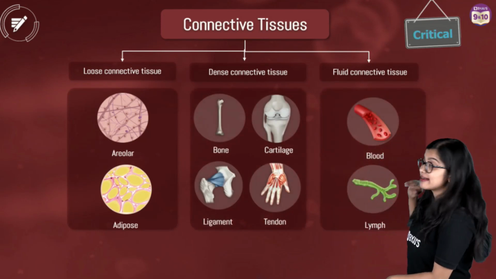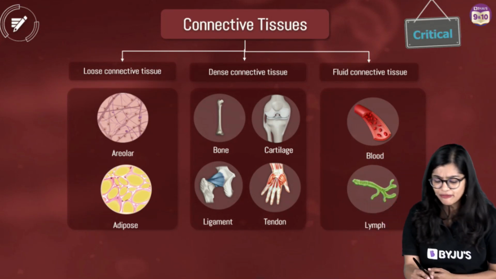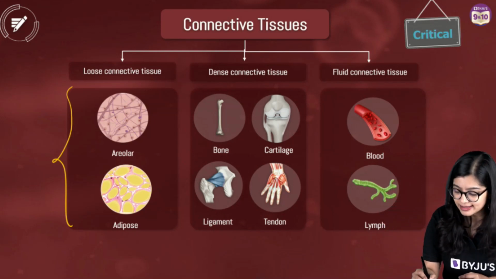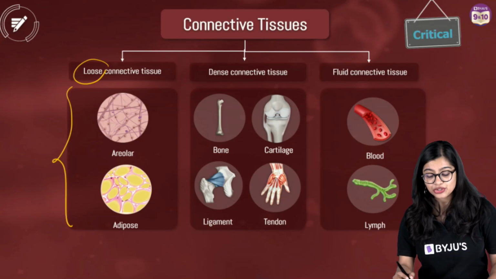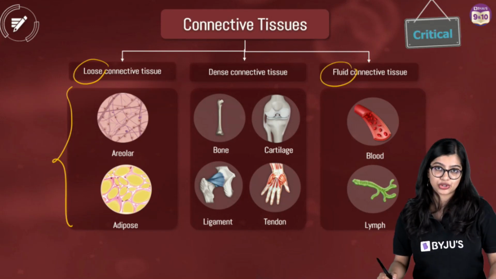Under each category, there are different types of tissues that we will see further. But before I get to all of this, how is it that I am categorizing something as a loose, dense, or fluid connective tissue?